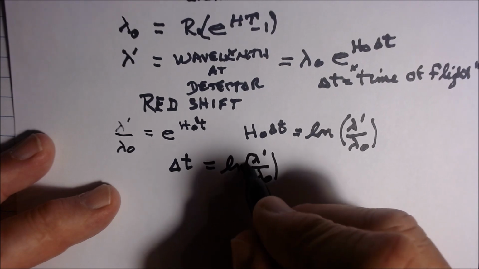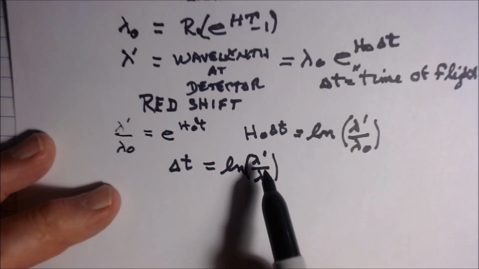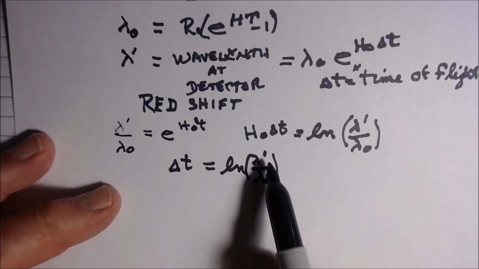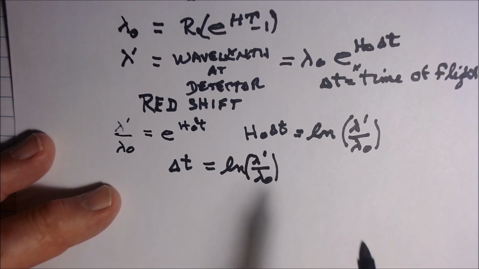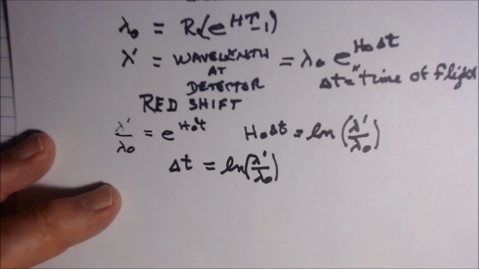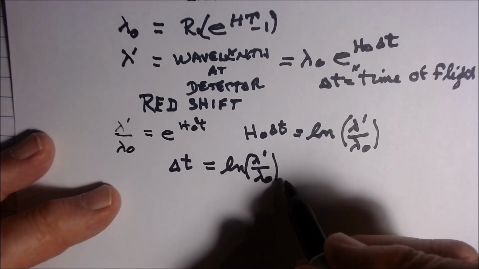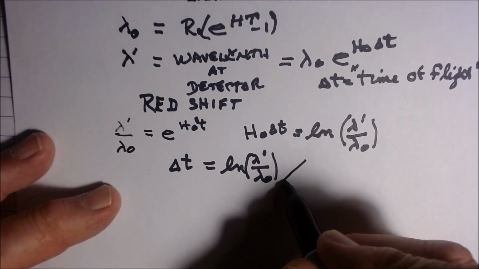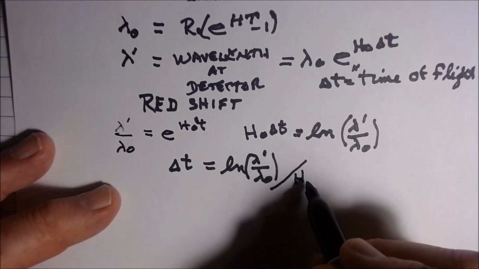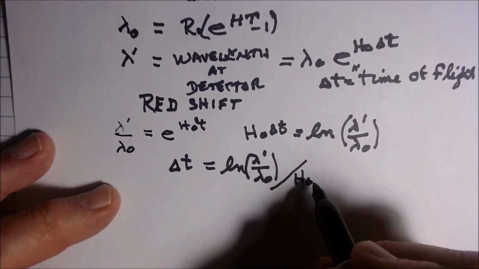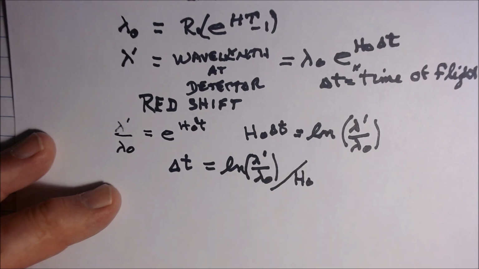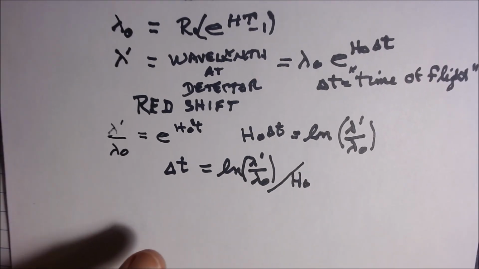And just making sure that we've got these definitions down: lambda prime is that which you receive, lambda 0 is the rest wavelength of the radiation, and this is divided by h0, which we're getting a good feel for recently. That's delta t.